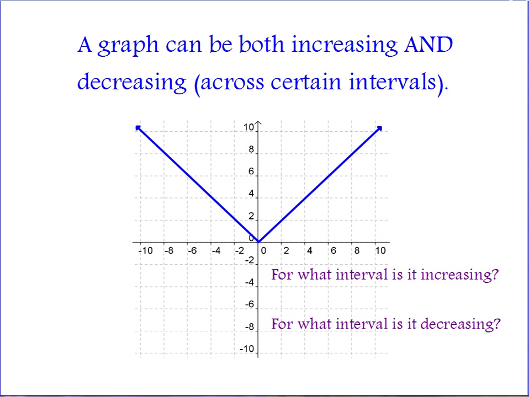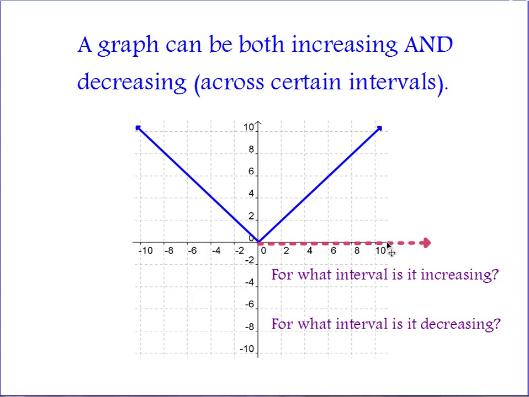So now let's take a look at the section of graph where it's increasing. It's the right half of this graph that's increasing. That's the section of graph that has a positive slope, right? To write its interval, we need to look at the x values only and determine its left boundary and its right boundary.